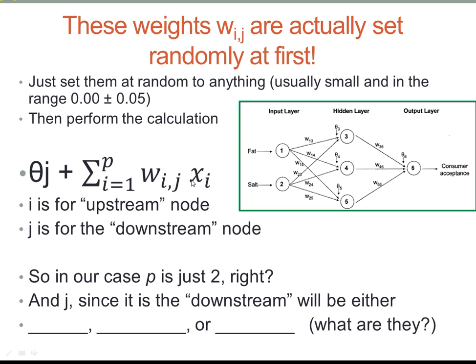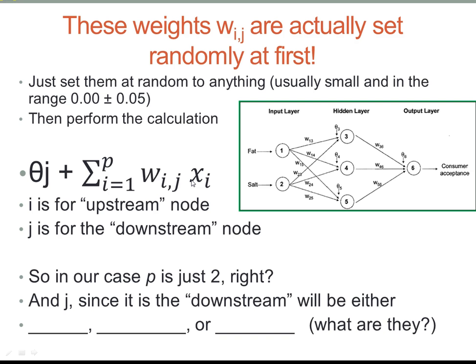I equals 1, what do I get? x1 times w, that's an i, so w 1 comma 3. Now do it when i equals 2. So x2 times w 2 comma 3.